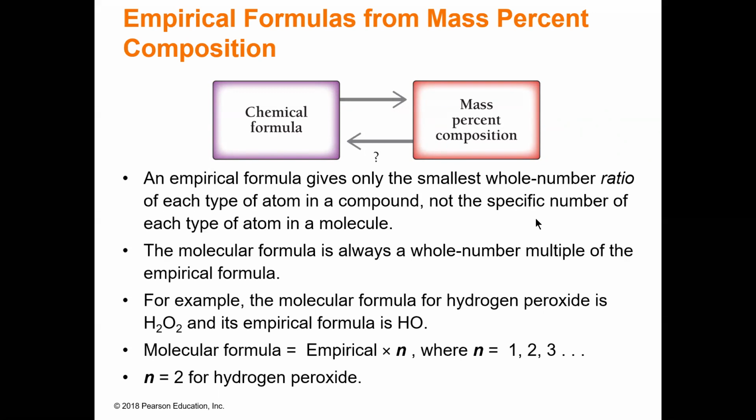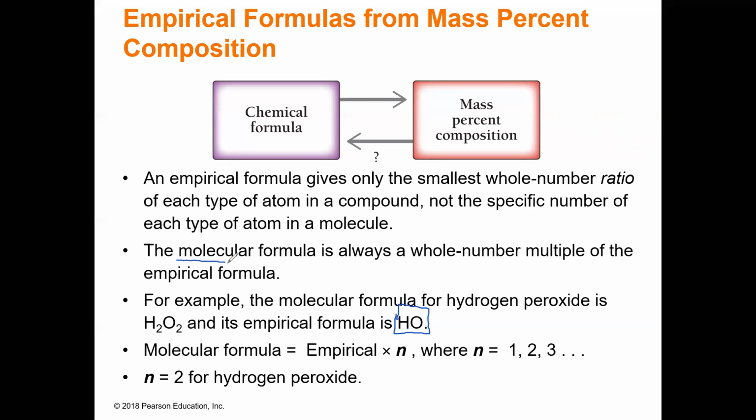Remember, an empirical formula gives us the smallest whole number ratio of each type of atom in our compound. So like hydrogen peroxide, this thing down here would be its empirical formula. So it's 1 H for every 1 O. But that's not what it actually looks like.